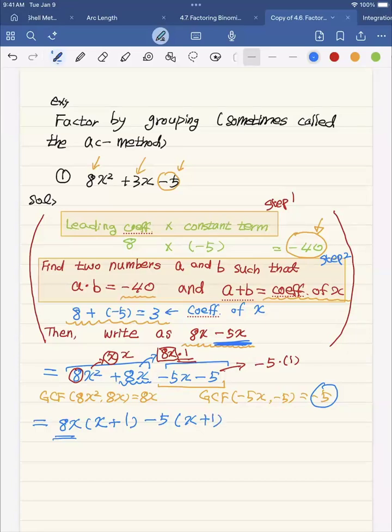So we have two groups, and when we consider the common factor of the two groups, that'll be x plus 1. So that'll be x plus 1 times 8x minus 5. So this is the final answer.